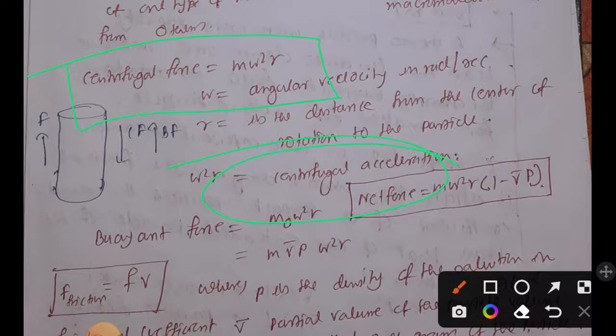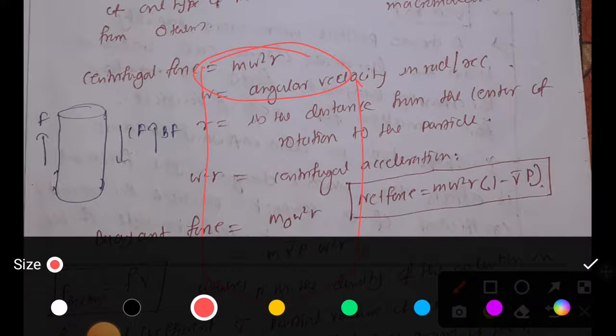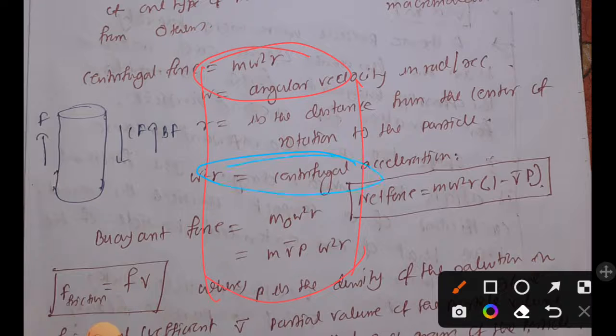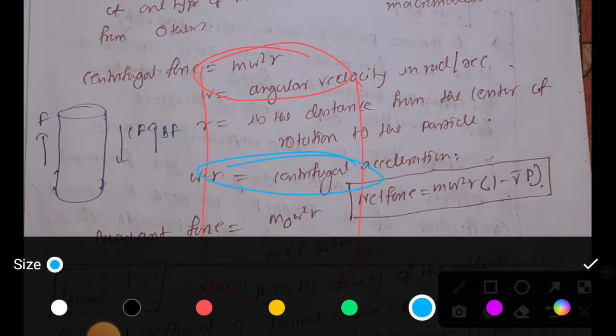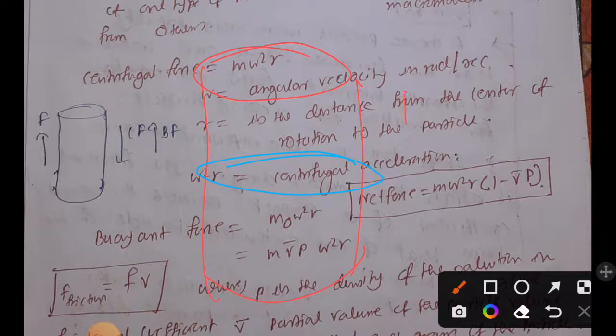This centrifugal force acts downwards. Suppose this is a tube and in that tube this is our sample, so the direction of the centrifugal force will be downward.